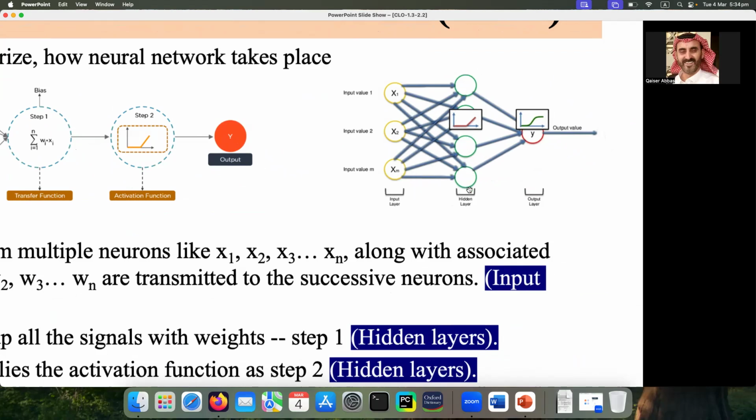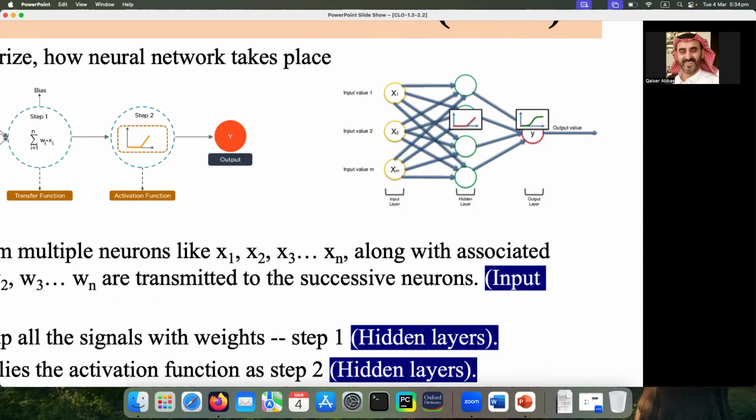After the hidden layer, the values go on. You can apply some activation function in the hidden layer, and you can also apply some activation function at the end. That's why it is depicted at two positions. It is not necessary to apply the activation function only after the hidden layer.